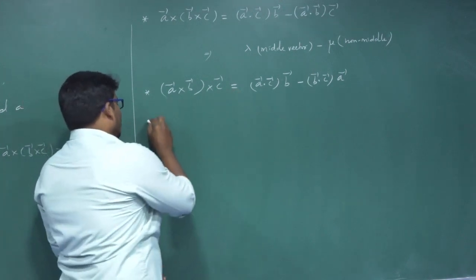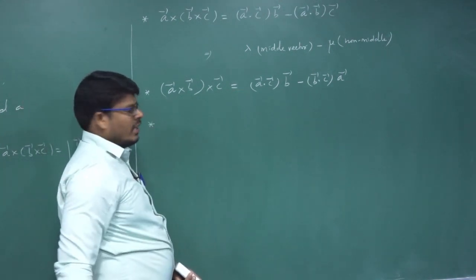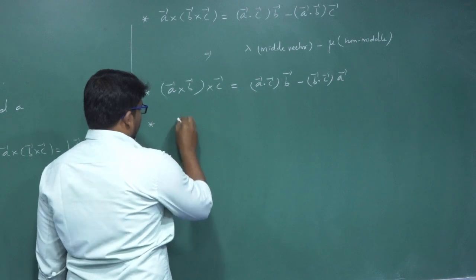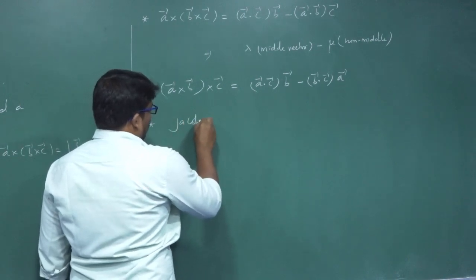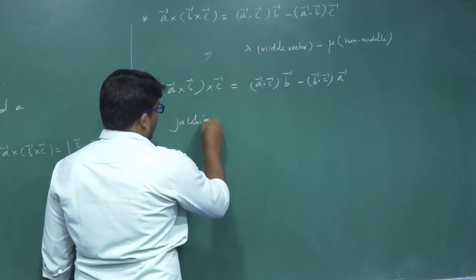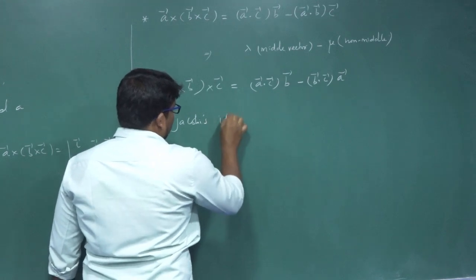The next one, theorem 6.8, Jacobi's identity.